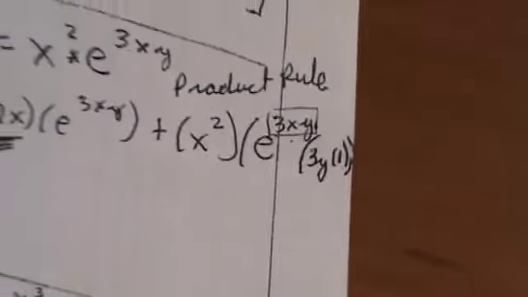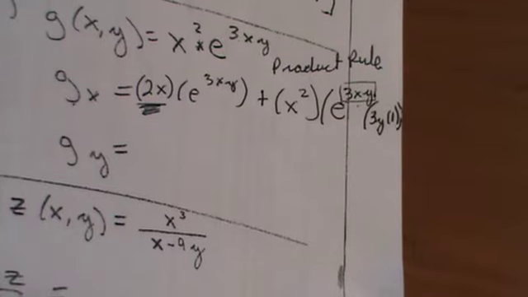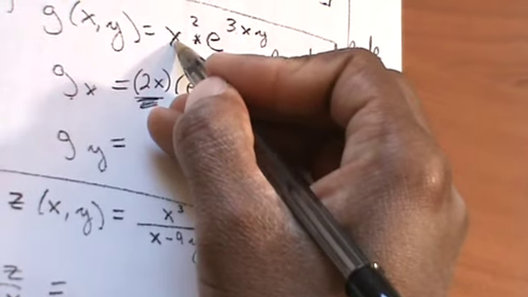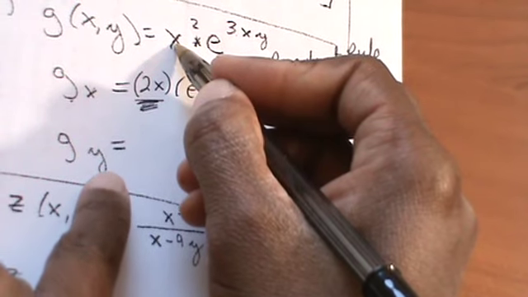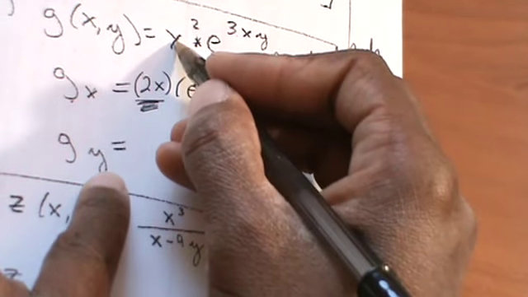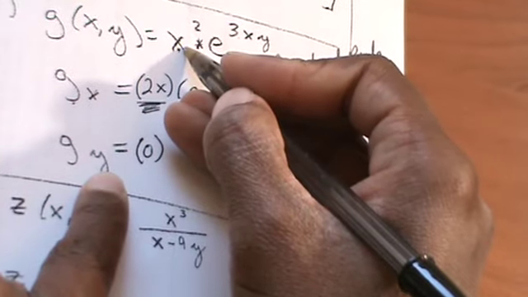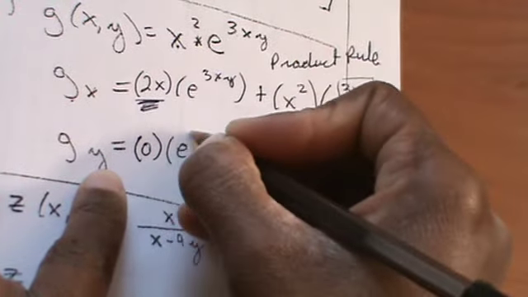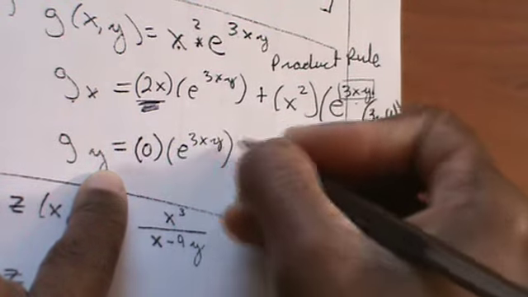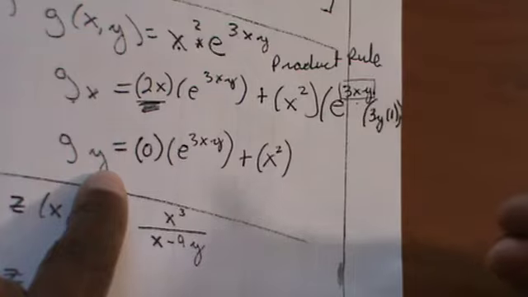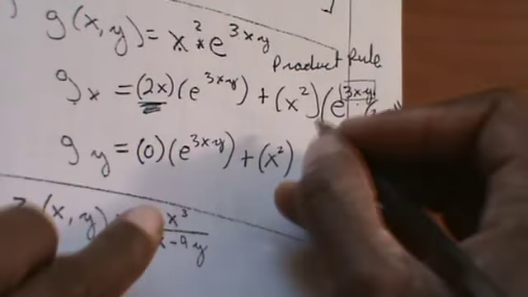Okay? So let me take the derivative with respect to y. Okay, so I'm going to take the derivative of this x squared, but look, I said y was my changing variable. So when I take the derivative of x squared, that's 0. There's no y there. Now I'm going to leave the e to the 3xy alone. Plus, now the x squared sits back and watches while you take the derivative of this e term.